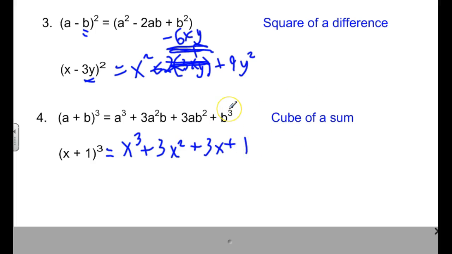That's pretty quick. If you know that formula, that saved a lot of time. Because if you did this the old-fashioned way, it'd have to be x plus 1 times x plus 1. You FOIL that, you get a result, and then you multiply that result by another x plus 1. So it'll be a lot of multiplying. You're saving yourself some time here.